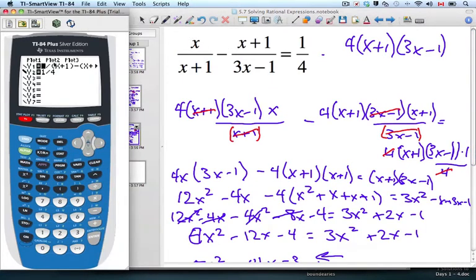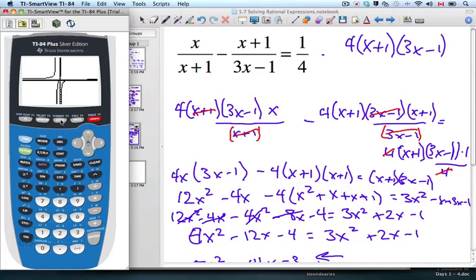So I have x over x plus 1 minus x plus 1, and then divide by parentheses 3x minus 1. I have to be really careful with my parentheses. The bottom is 1/4. And when I graph this, I get that, which looks really messy to me.